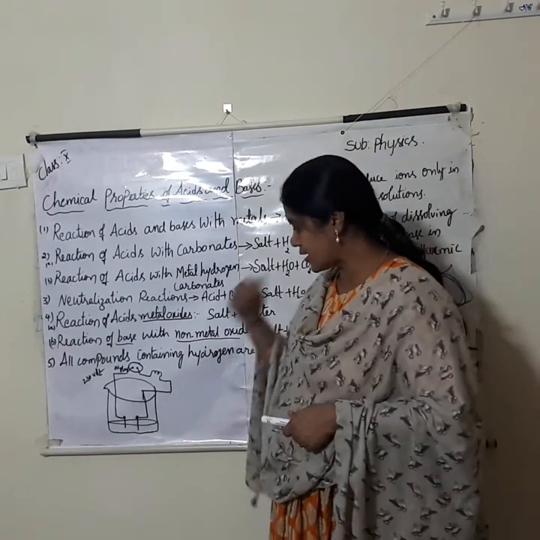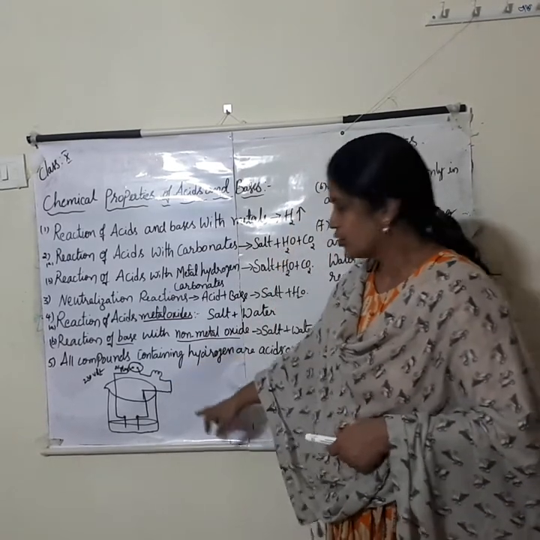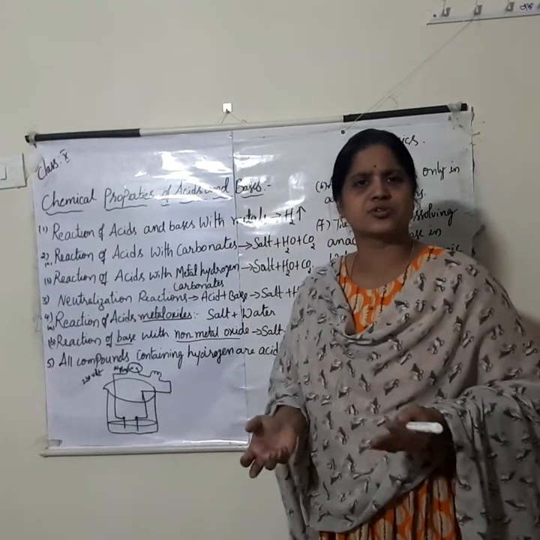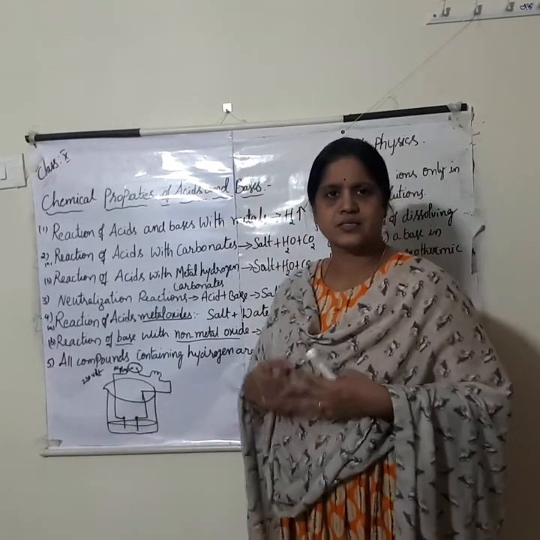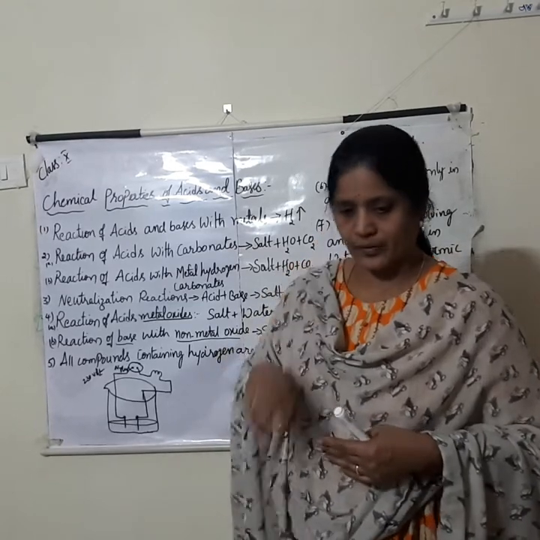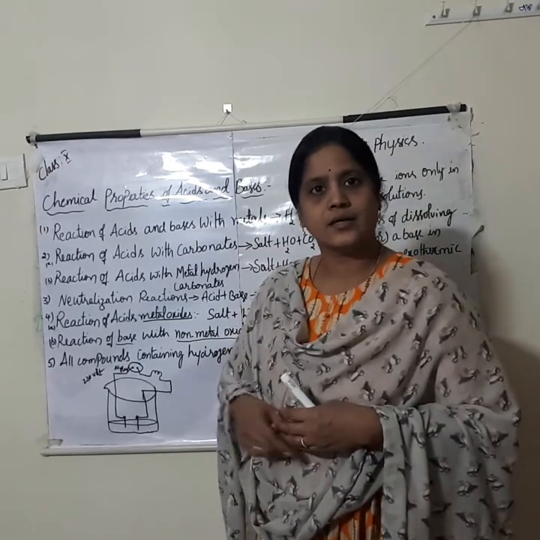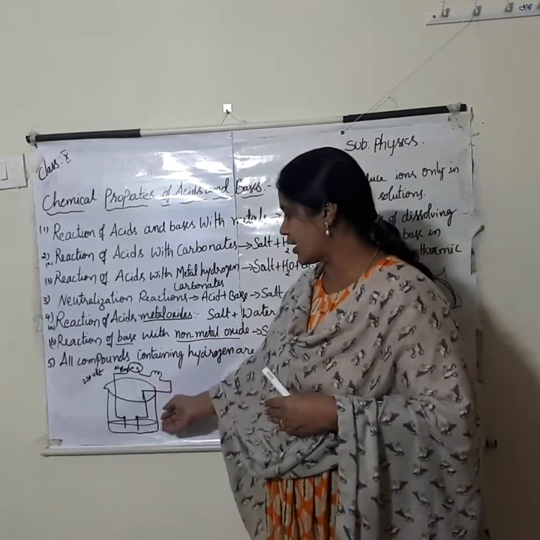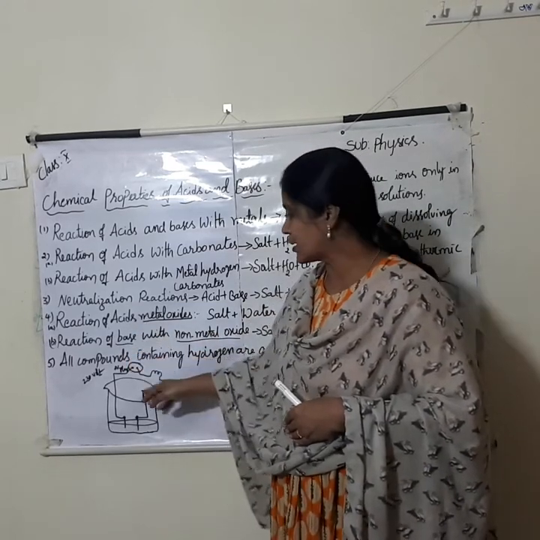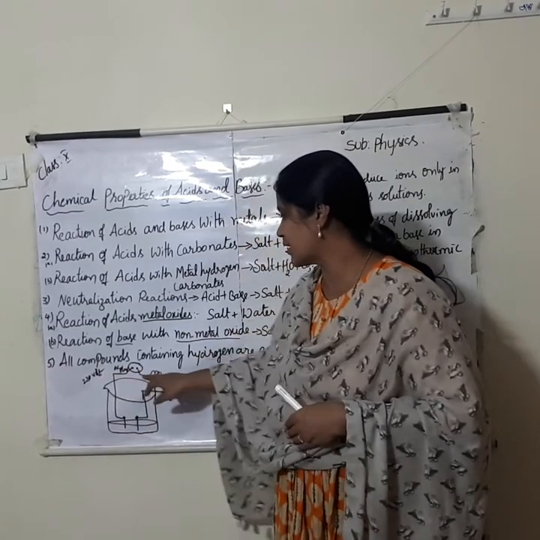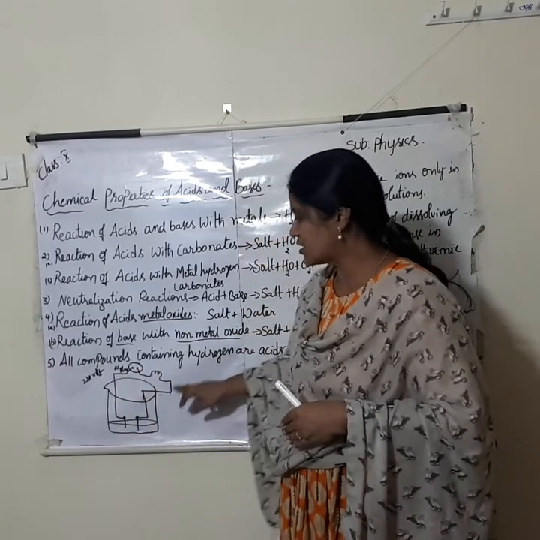This activity I explained. In this activity, you take a beaker and take different solutions. Some are acids, some are bases, and some are glucose, water. Each time connect with graphite rods, give connection with the AC plug, and this is the bulb, and complete the circuit.